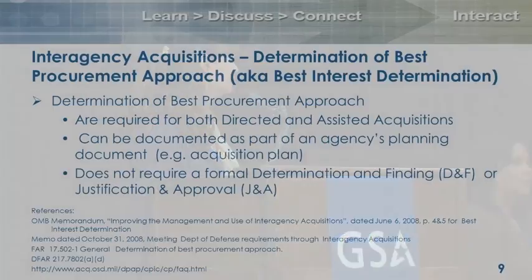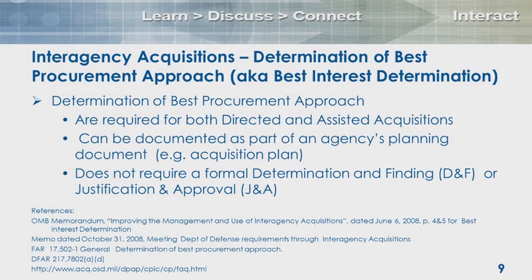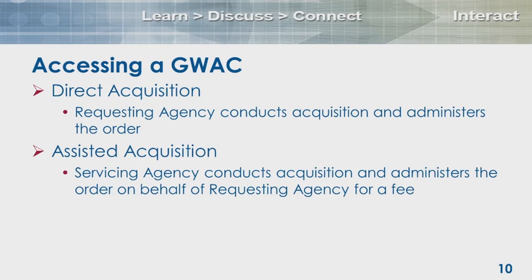Whereas assisted acquisition would be, for some reason, your agency lacking the acquisition resources, and you're asking an agency such as GSA to help you solicit and award a contract. Make sure you have certain documents in your contract file, okay? And you don't have to have a formal D&F, determination and findings, or justification, unless you decide to do a sole source.